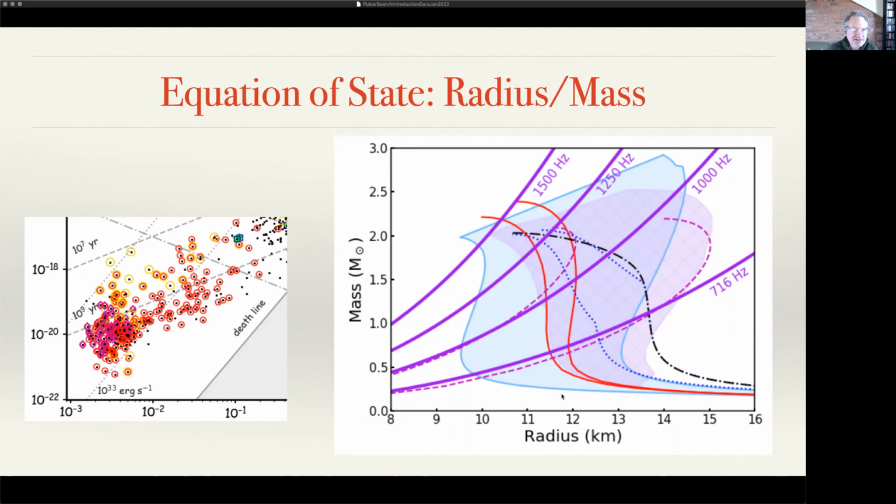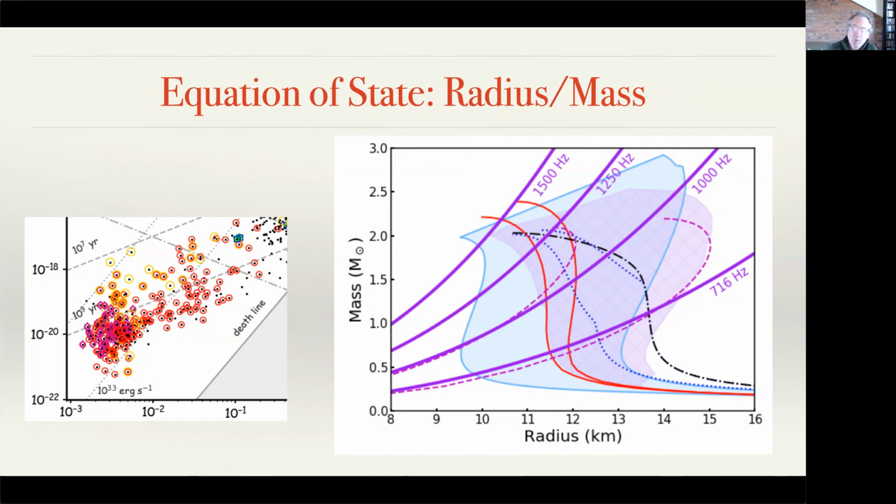Okay, so here's a plot on the right-hand side that is slightly complicated, but I'll just walk you through it. Here we see the radius of the neutron star, and here we show the mass, okay? And I'll go through the dark purple lines first. So the 716 hertz corresponds to the fastest spinning neutron star we know about right now, okay? So that rotates 716 times a second.